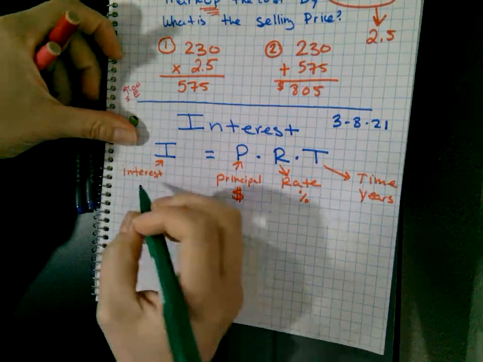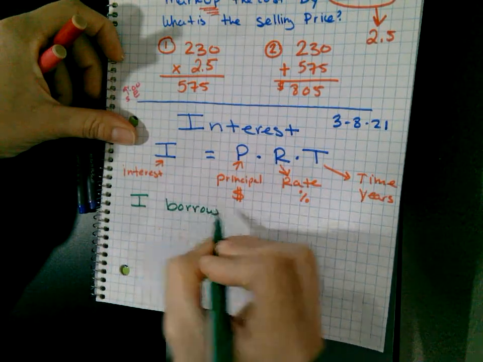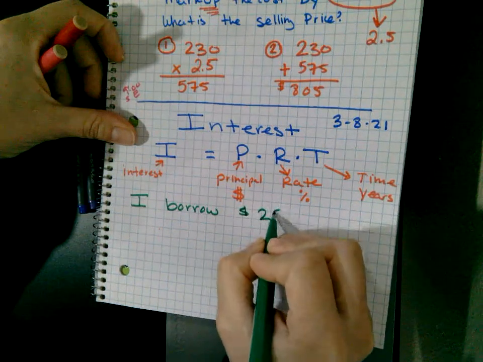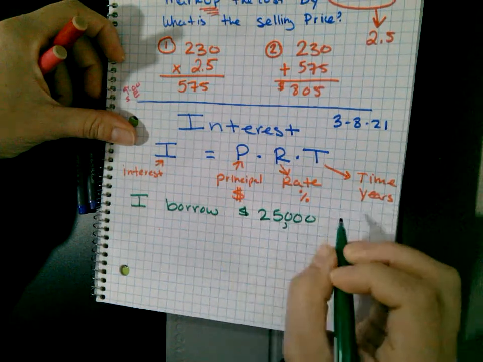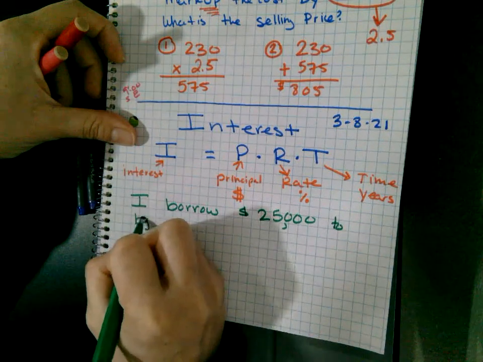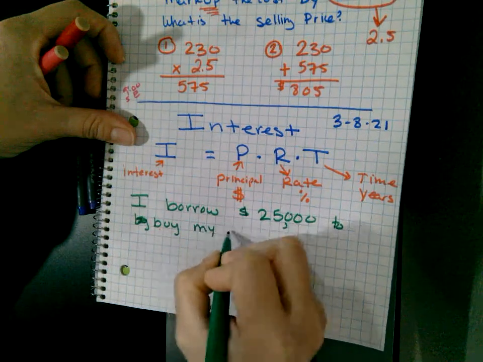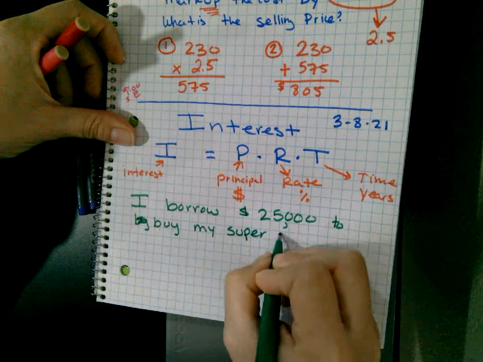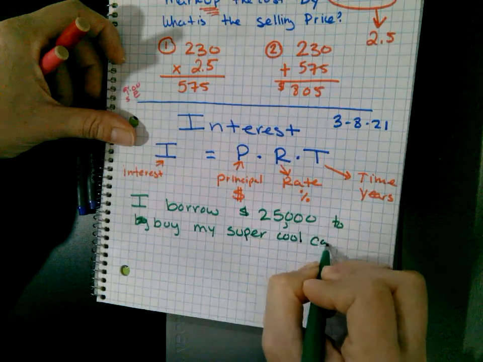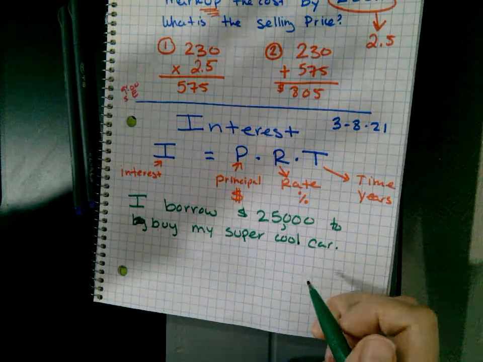All right, so let's say I borrow $25,000 to buy my super cool car. I don't have money right now in my pocket to go buy my car.